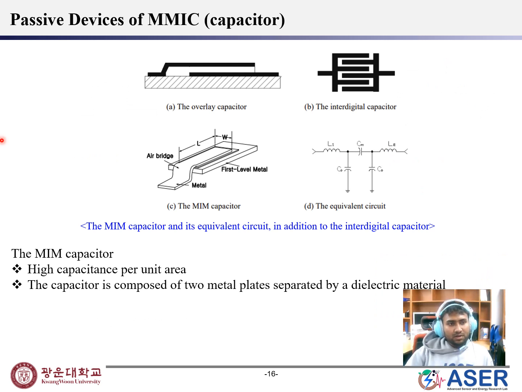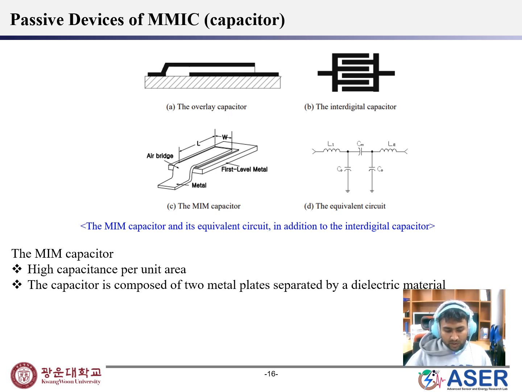Passive devices of MMIC: the capacitor. This one shows different types of capacitors: the overlay capacitor, the interdigital capacitor, and the MIM capacitor. This image is the equivalent circuit of the capacitor. The MIM capacitor is composed of two metal plates separated by dielectric materials.